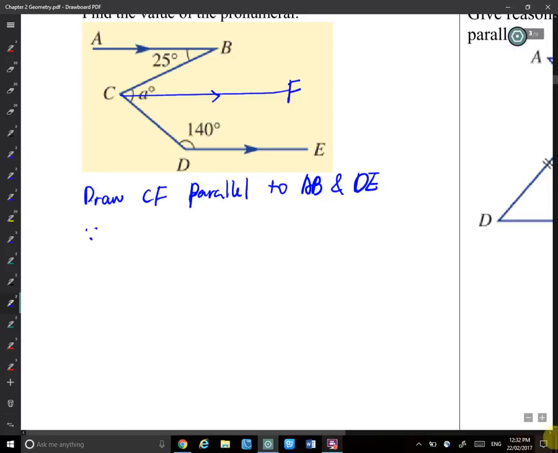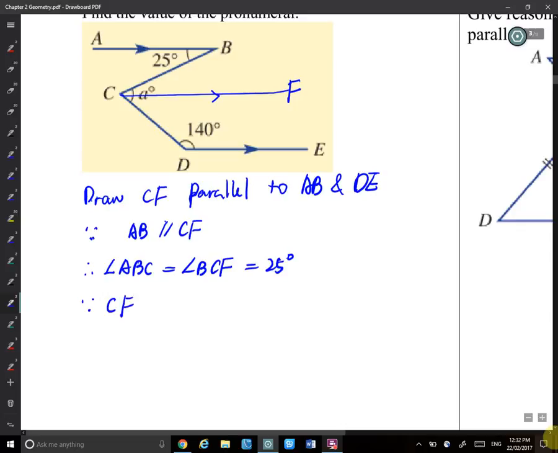Now you start to talk about that. Because AB is parallel to CF, angle ABC equals angle BCF, which is 25 degrees.